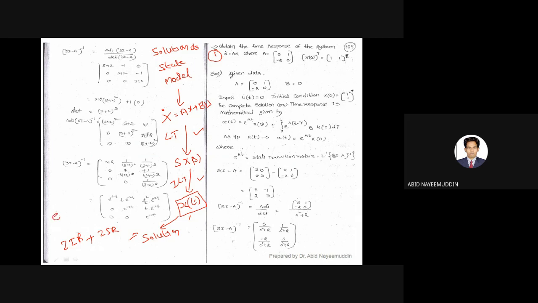It is the state transition matrix multiplied by X of 0, plus one formula for the zero state response I have given. Once again, what does state transition matrix mean? All of you are aware that this is equal to L inverse of (sI minus A) whole inverse.